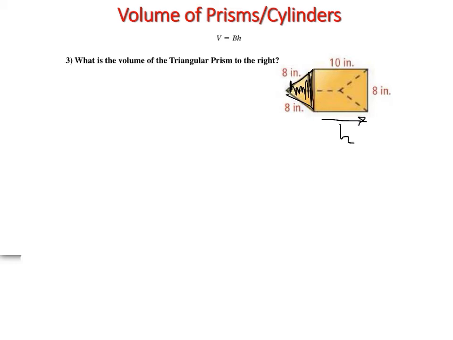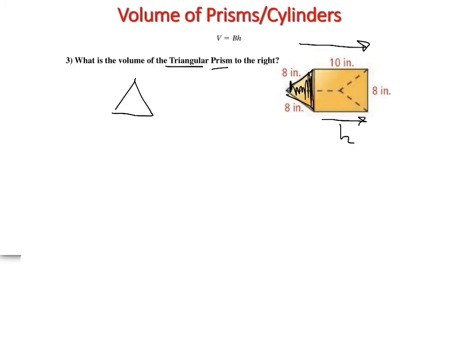We cannot think of it as that bottom rectangle because it's not a stack of the exact same congruent rectangles. It's actually a stack of triangles, so it has to be stacked that way. So we want to find the area of the triangle. That's why it's called a triangular prism.